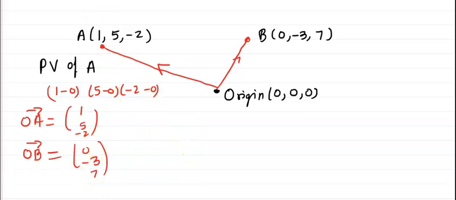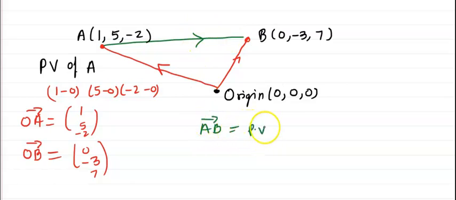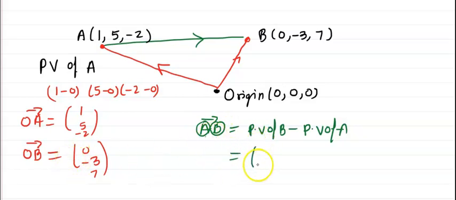Now if you join vector AB, from A to B, then AB is given by the position vector of B minus the position vector of A. You can quickly remember this: it is second minus first. This is B, and this is A. So the position vector of B with respect to the origin is 0, -3 and 7, and the position vector of A is 1, 5 and -2.